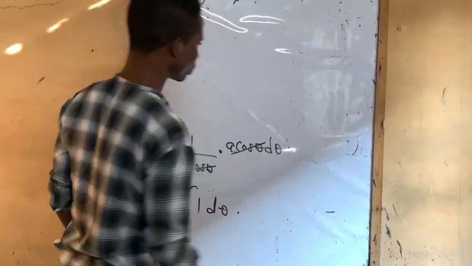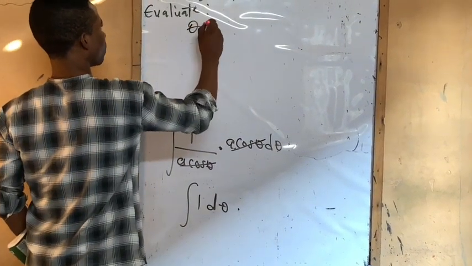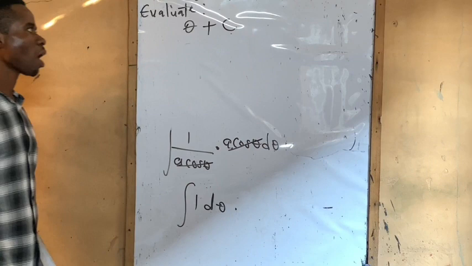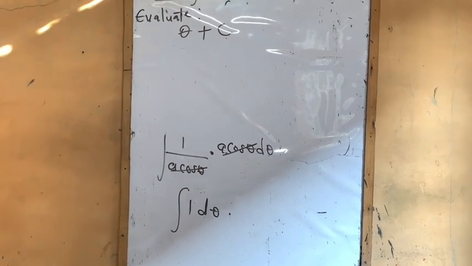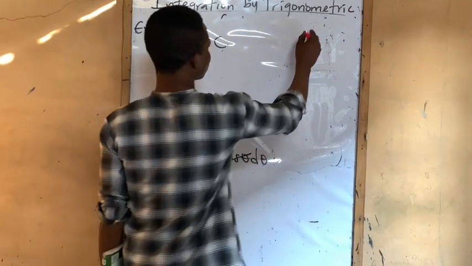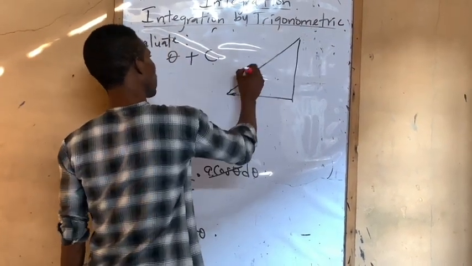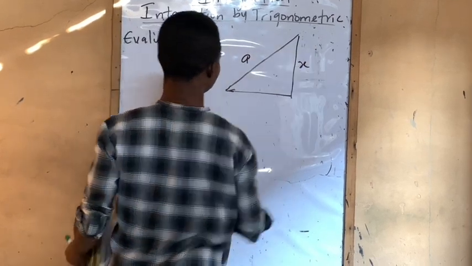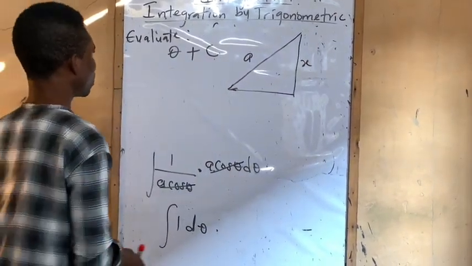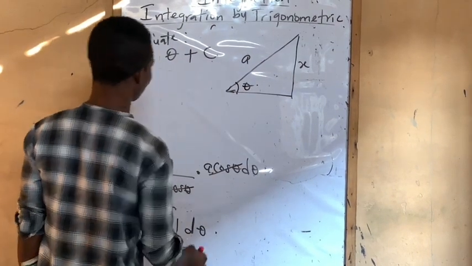The integration of 1 here is going to be theta plus c, an arbitrary constant. But do not forget, we have to substitute for that theta. From our triangle, we started with a here and x here. Now theta is here, so we need to get this side by using Pythagoras theorem.